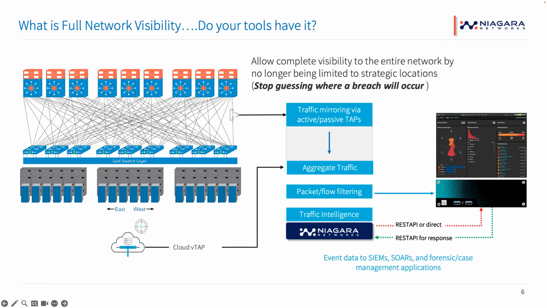No longer do you need to buy tools for the network, whether it's 10 gig, 25 gig, 100 gig, or 400. You buy what is needed for the traffic. So when you control the traffic, it allows you to start controlling the cost. And this is one of the big benefits of creating this visibility strategy.